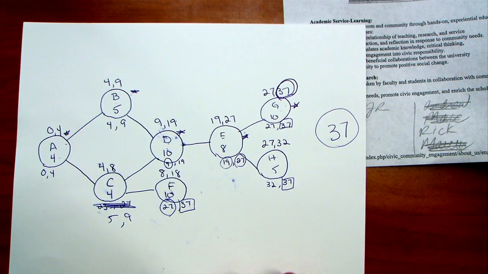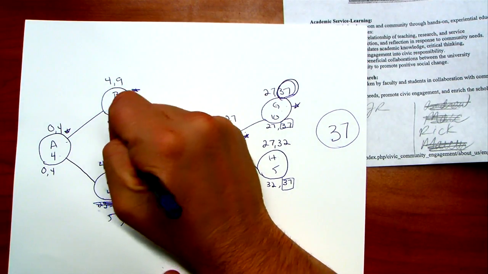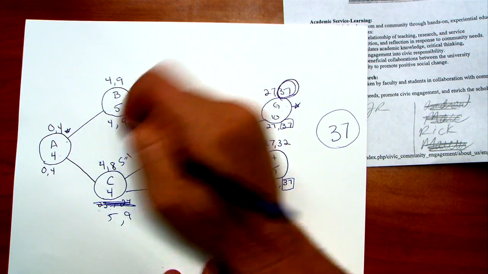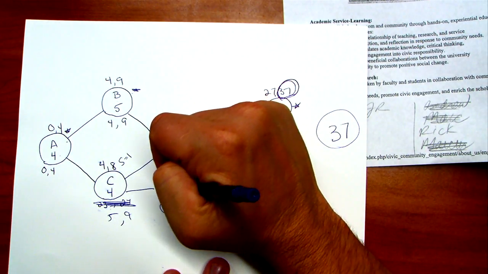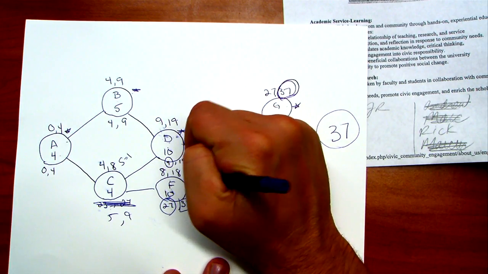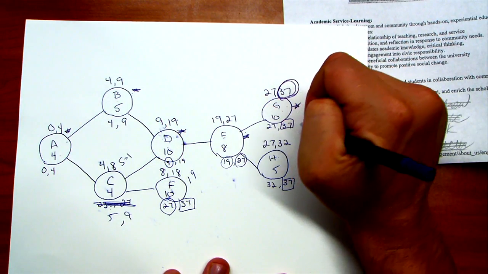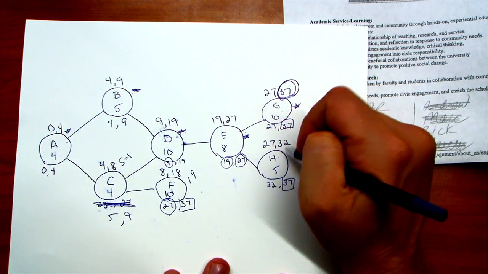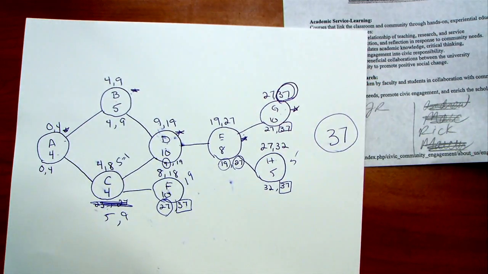If I look at slack, C has slack of 1 day, 5 minus 4 is 1, 9 minus 8 is 1. It looks like F has a whole lot of slack. It has slack of 19 days. And it looks like H also has slack of 5 days. So that is my early start, early finish, late start, late finish for this project.